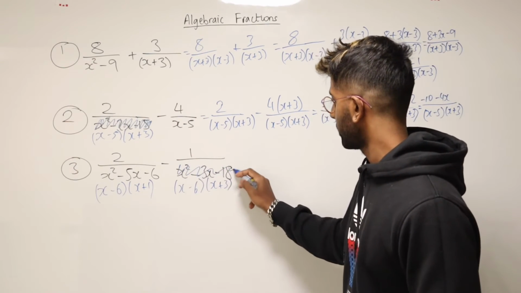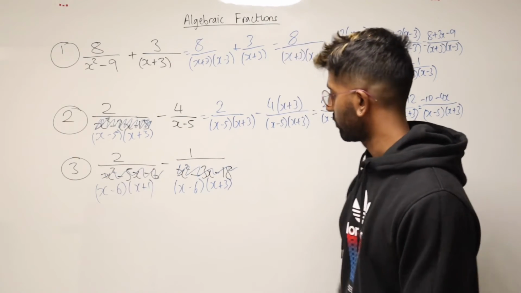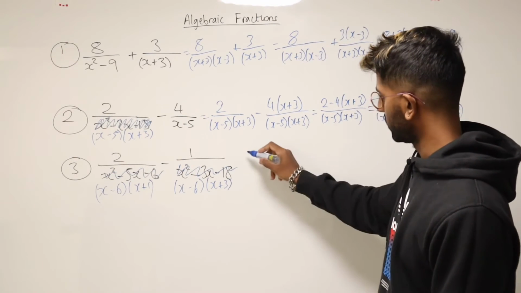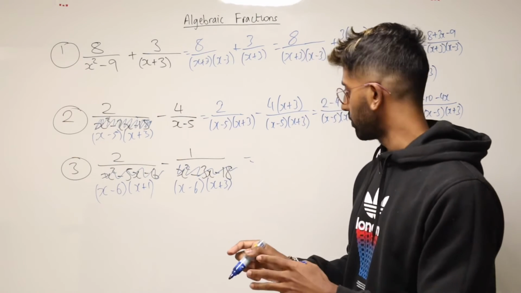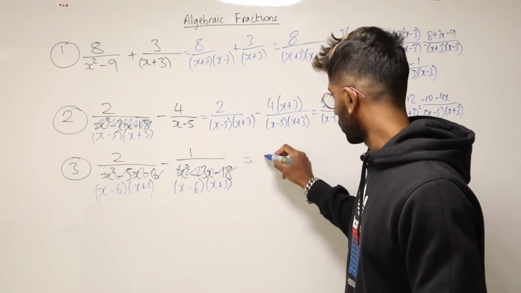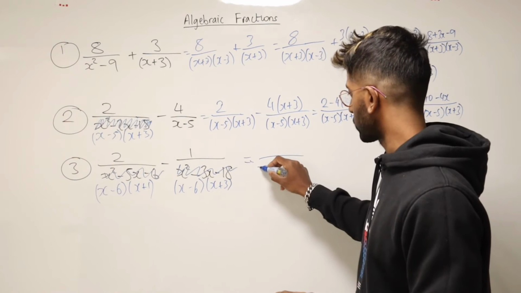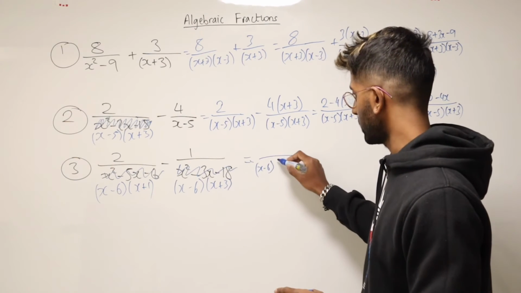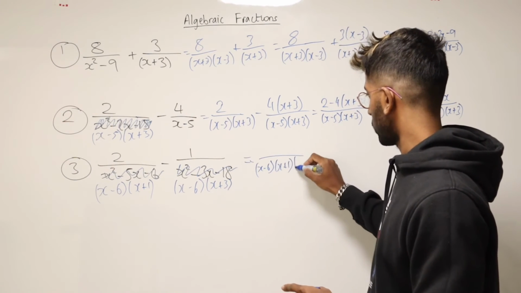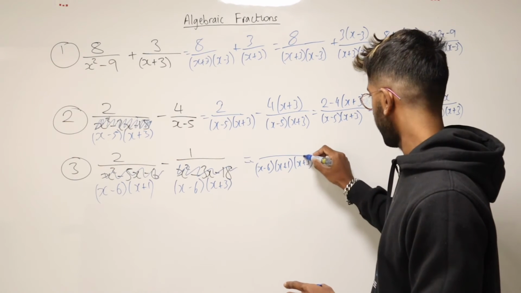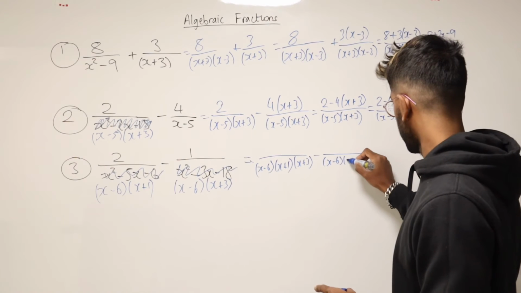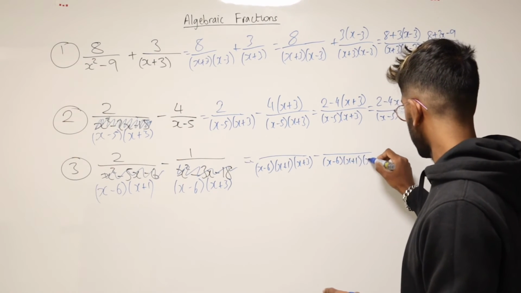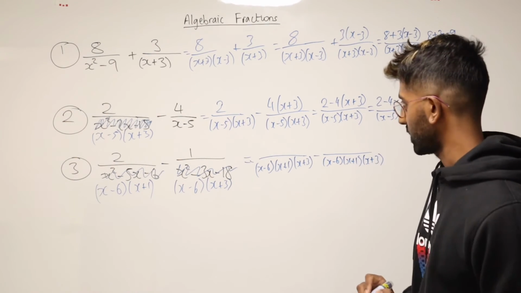So now let's get rid of this and get rid of this. So what we can see again, you've got x minus 6 and x minus 6 in both denominators already. And so our common denominator here is just going to be x minus 6, x plus 1 and x plus 3. And then create another one of those. So x minus 6, x plus 1 and x plus 3.